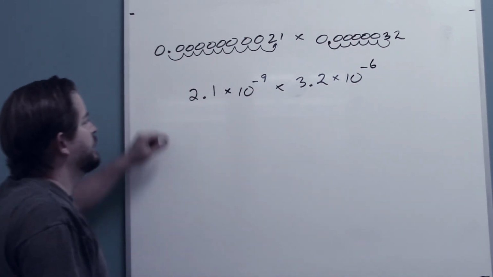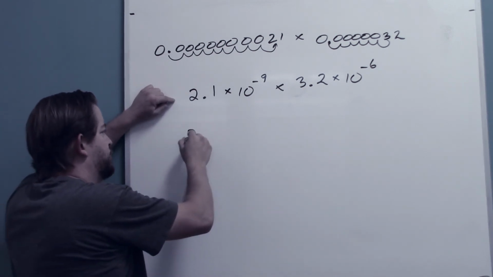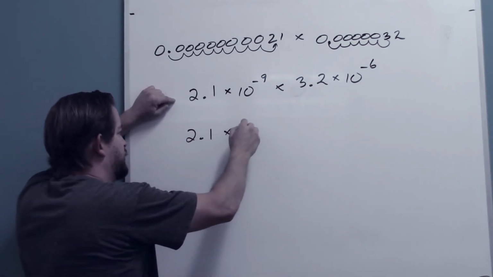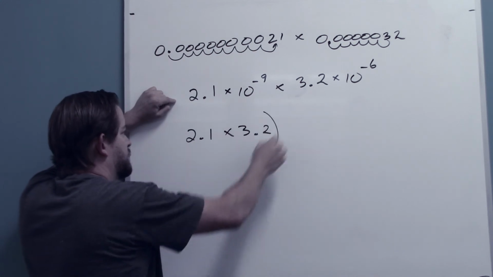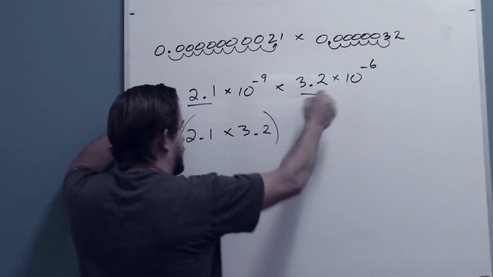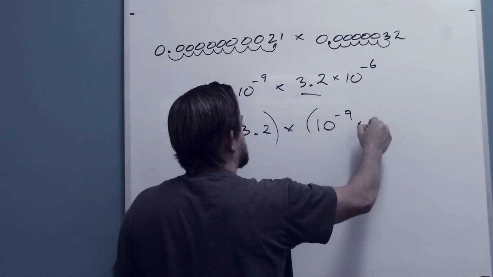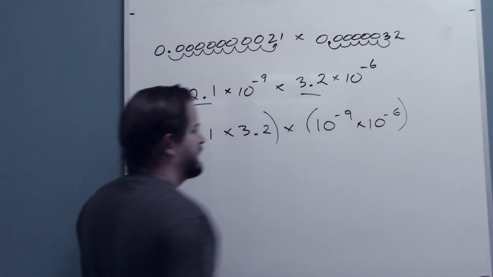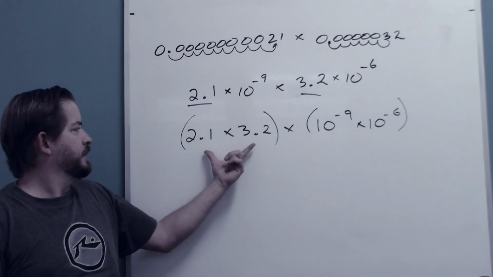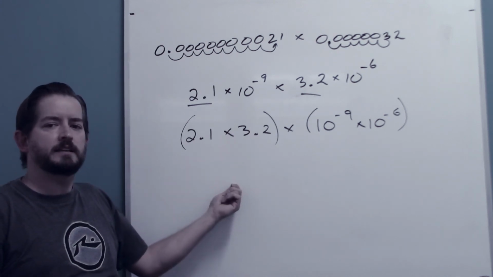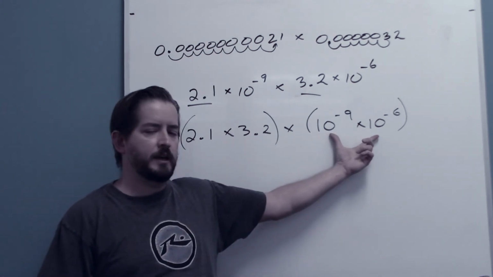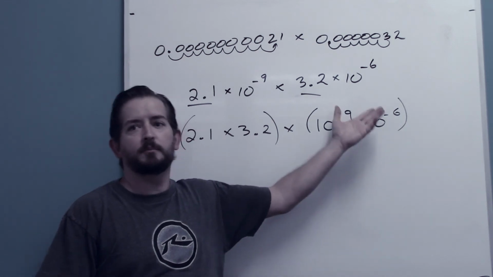Right? And again, I can rewrite this as 2.1 times 3.2, that times that, and then multiply that by 10 to the negative 9 times 10 to the negative 6. I don't need these parentheses, but it's indicating that I can just multiply these two to get a number, and then combine my powers here to have 10 to some power.